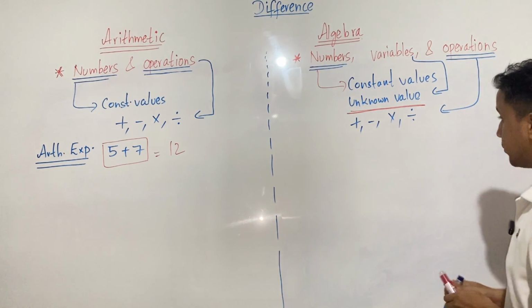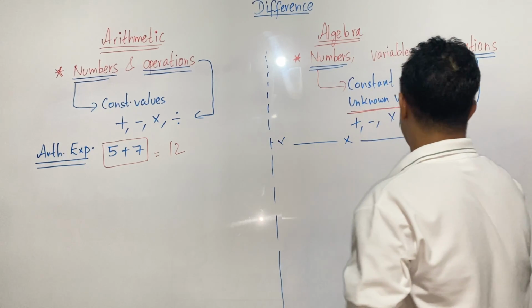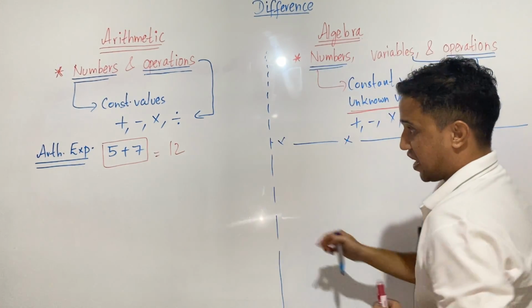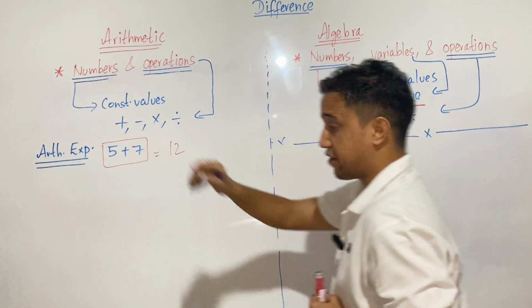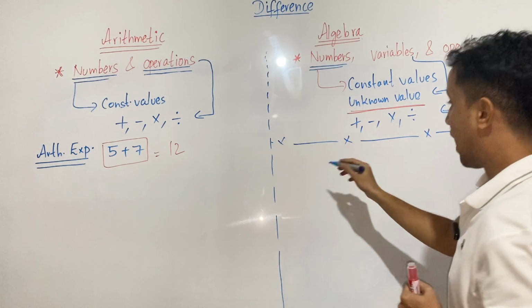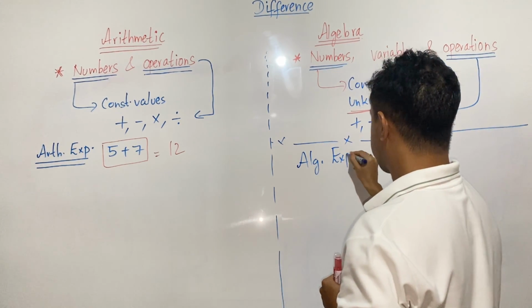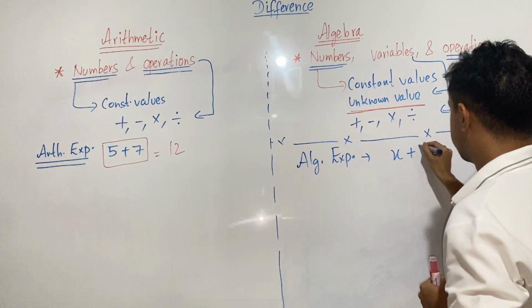Let's take an expression. On the left side, we took an arithmetic expression 5 plus 7. So here I will take the algebraic expression x plus 7.